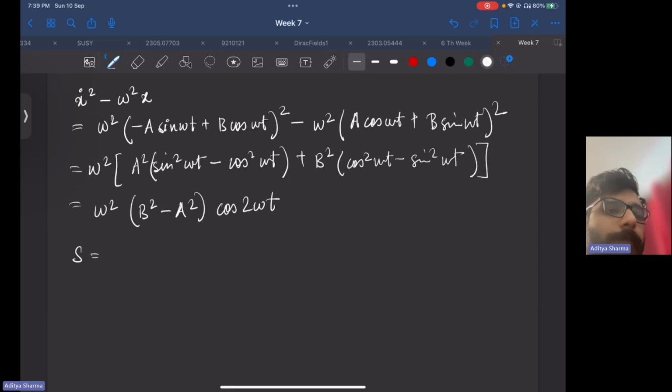Now we'll find the action, which is integral of half m x dot square minus omega square x square from ta to tb.